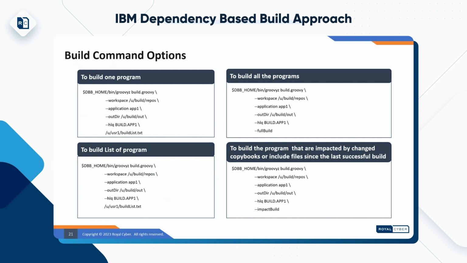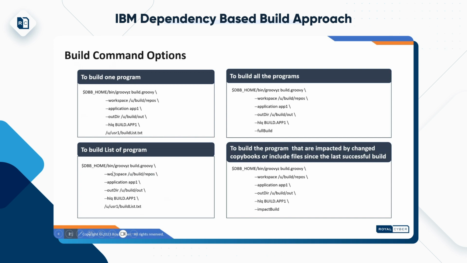So this is building a single application. How do I use the build for one program? The same 4 arguments, and I'm passing here the single program name. You can mention your program name here.